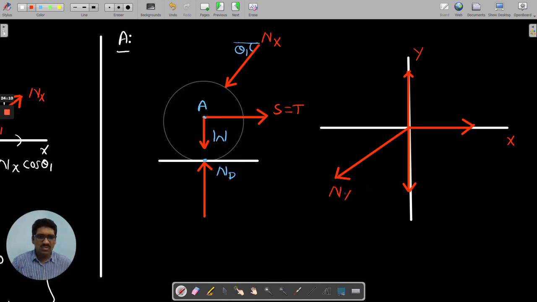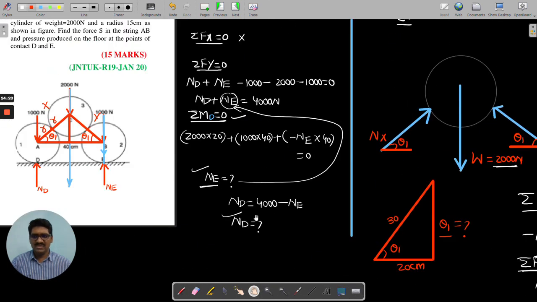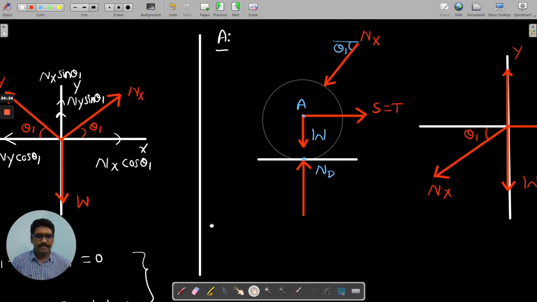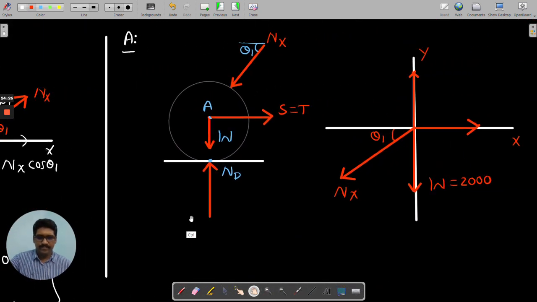Okay, so N suffix X theta 1, weight is equal to 2000. Please check, weight is 1000 or 2000? 1000, sorry. Weight is 1000 we have. $1,000 is the weight we have.